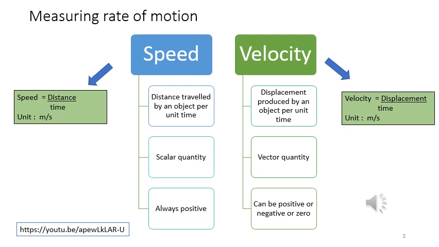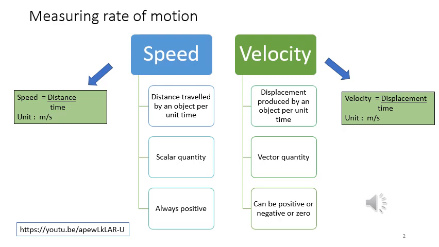Let us now look into the other parameter of measuring rate of motion. This is called velocity. To define it in simple words, velocity is also speed, but it is speed with direction. Herein we are specifying the displacement seen by an object in a specific direction.